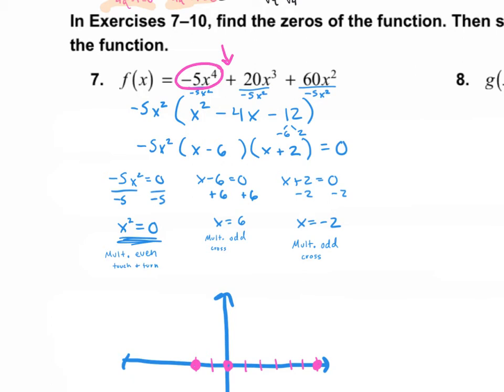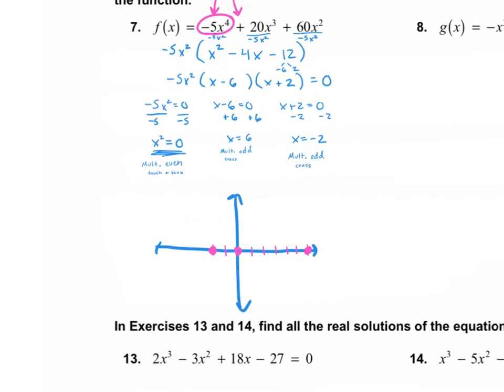Even means that they go in the same direction or opposite directions? The same. And if it's negative, it goes what? Down and down. So since it's negative and our exponent is even, we go down and down. So at our farthest left point, we're going down, and at our farthest right point, we go down.